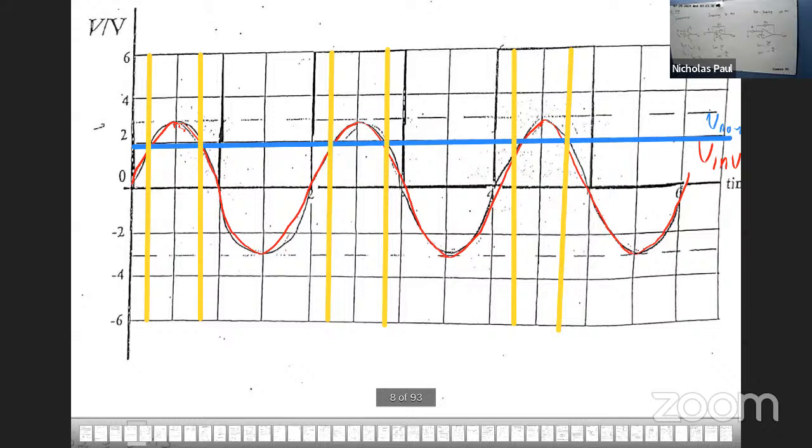Right. Compare the first two. The blue is in non-inverting, the blue is higher than the red. So it will be positive.